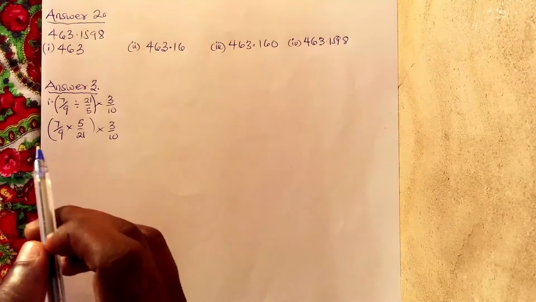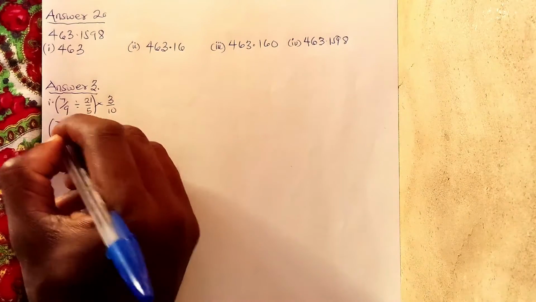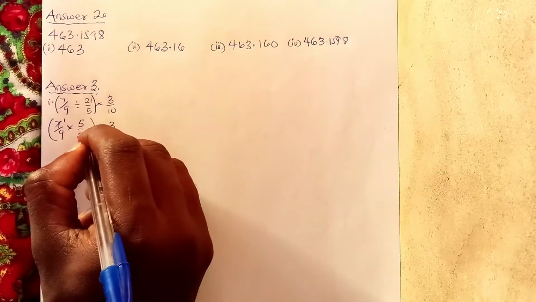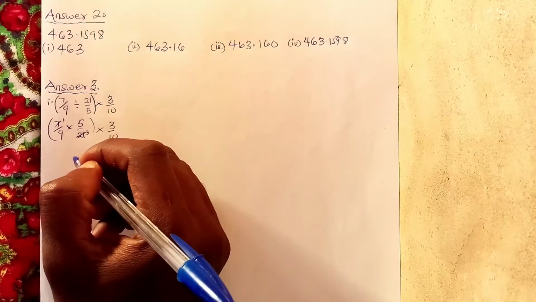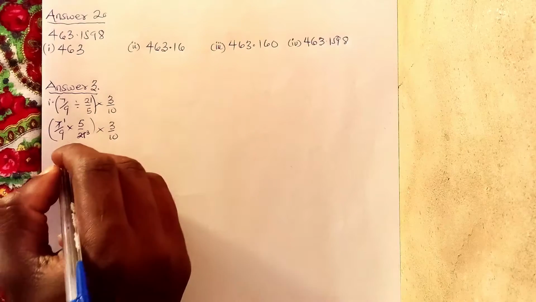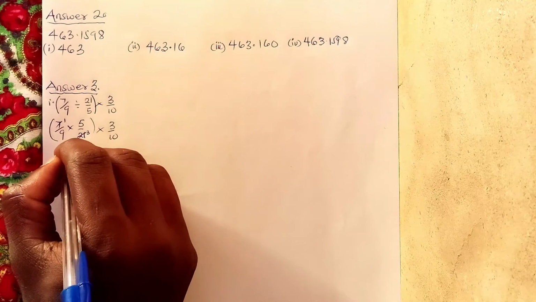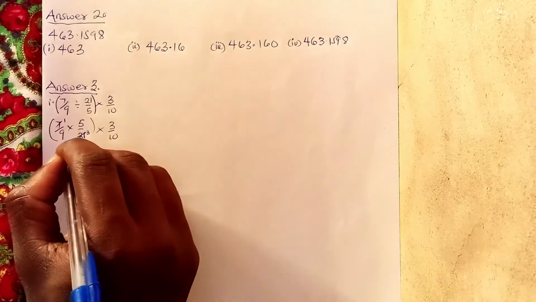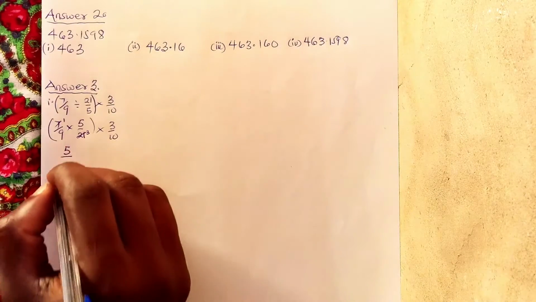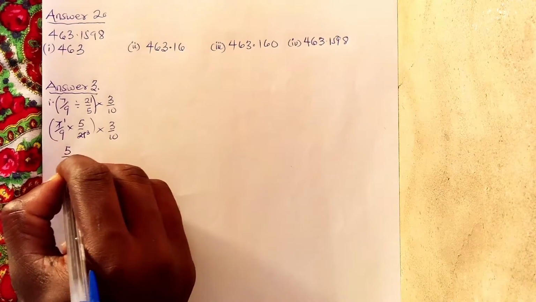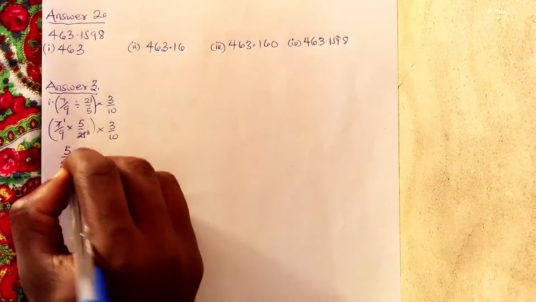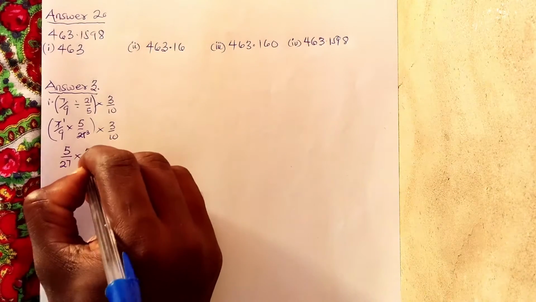Cancelling out, we have 7 dividing 7 is 1 and 7 dividing 21 is 3. We have to multiply them. So we have 5 on 27 times 3 on 10.